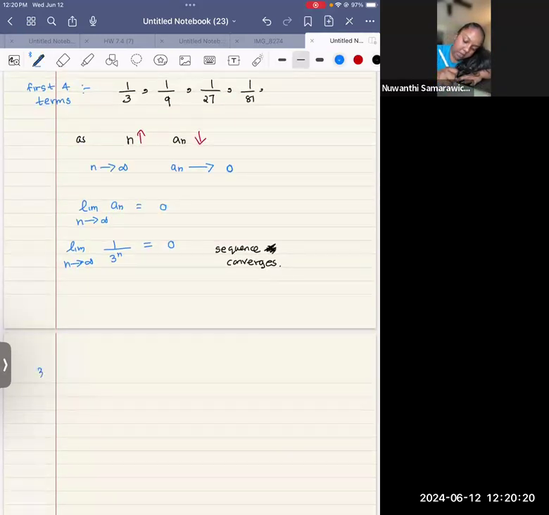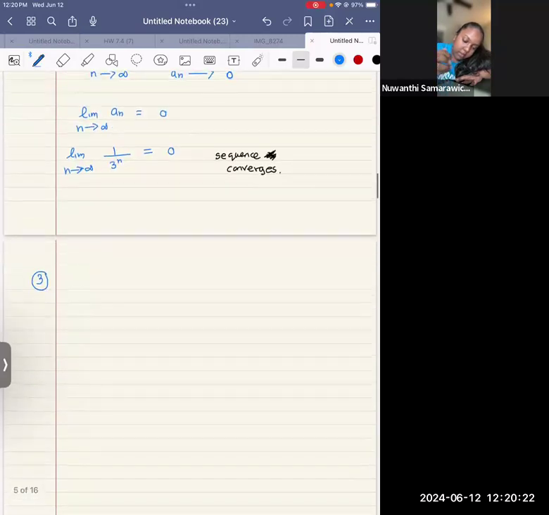Let's see another example. A sub n equals 8n over 3n minus 5. Can you check whether the sequence converges or diverges?